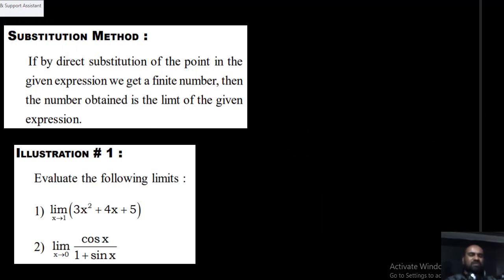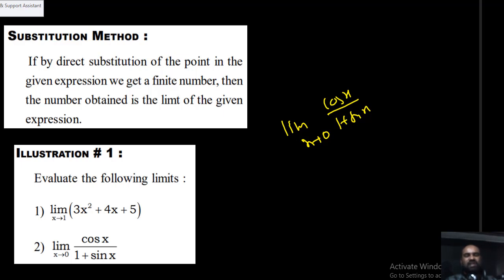One more example here, students. Limiting value of cos x by 1 plus sin x, x is tending to 0. No need to find LHS, no need to find RHS here, just substitute directly. If you get a finite value, that is the limit; otherwise you need to use other methods to find the limit of the function.